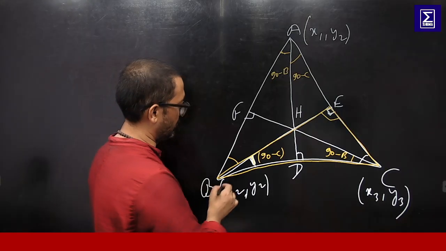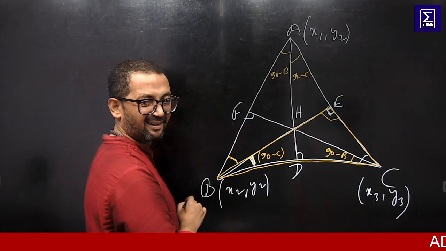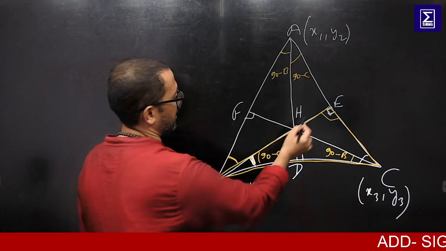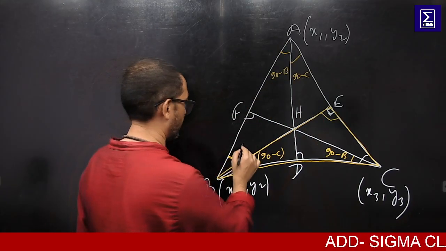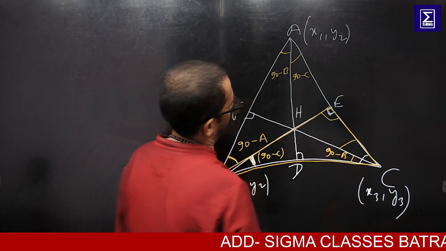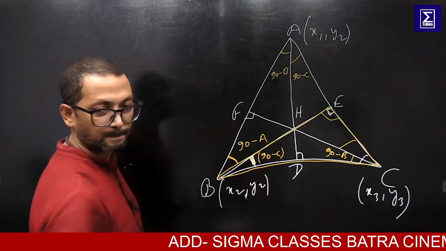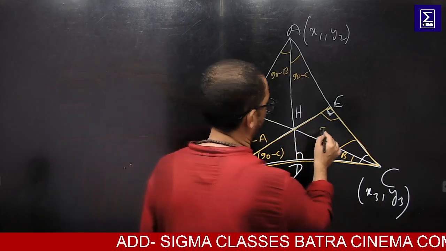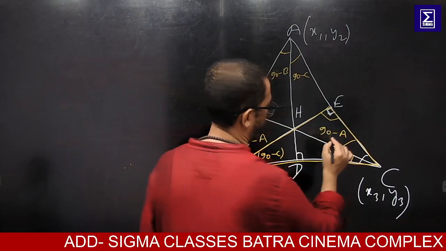Do it fast. We will take A, B, E. 90 minus A. What about this angle? 90 minus A. Very good.